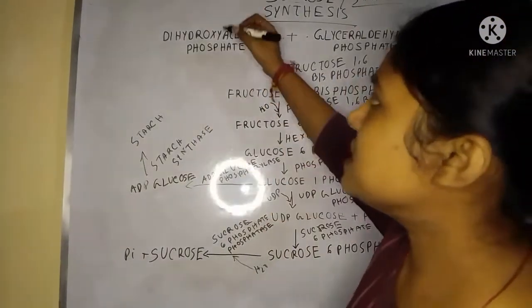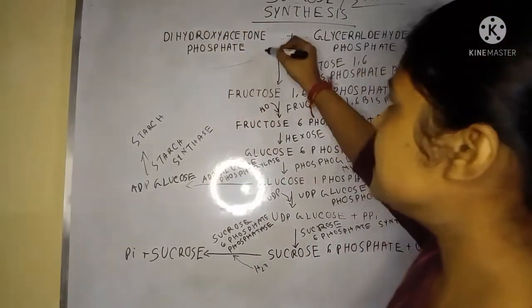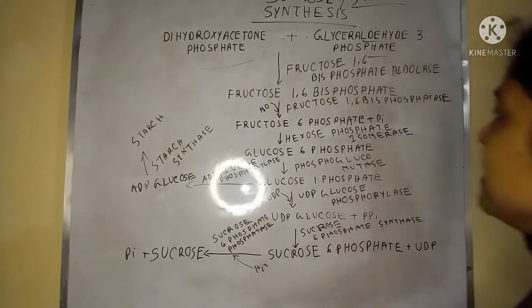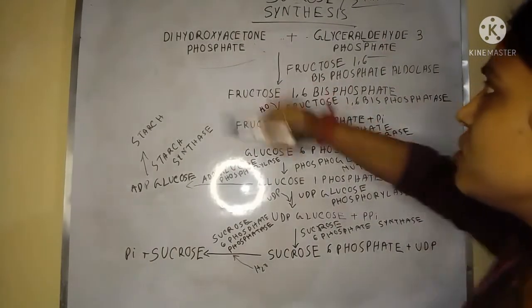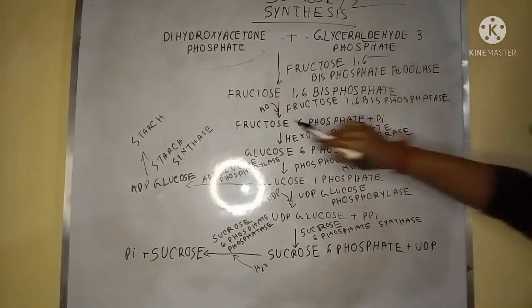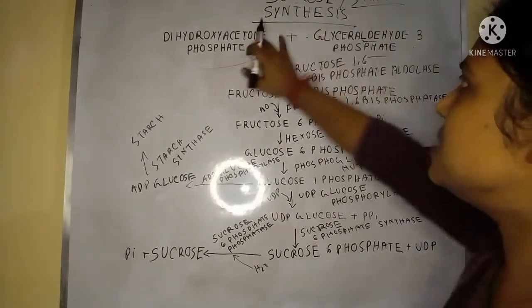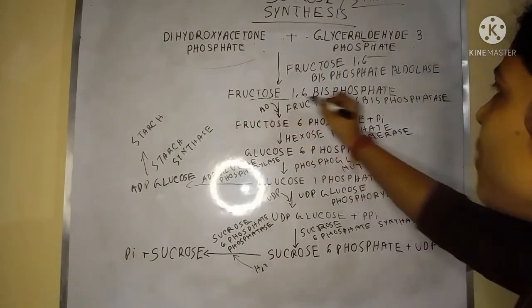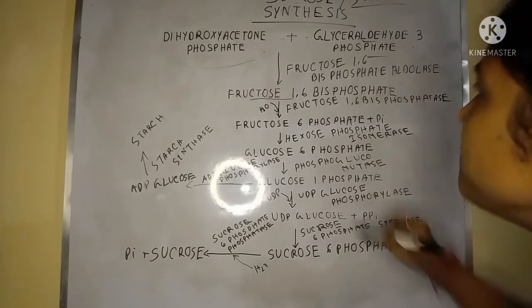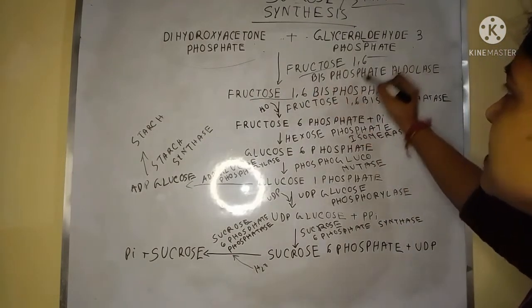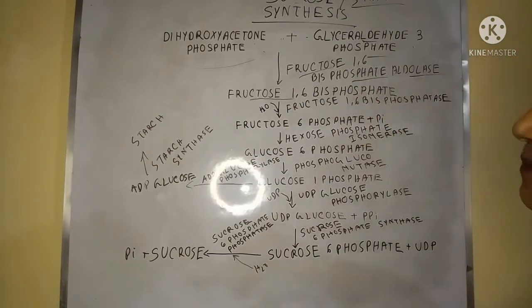So we just see dihydroxyacetone phosphate and glyceraldehyde 3-phosphate. Both react with each other to form fructose 1,6-bisphosphate, in the presence of the enzyme fructose 1,6-bisphosphate aldolase.